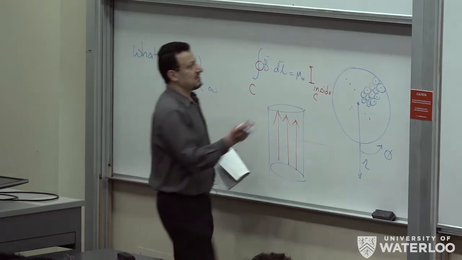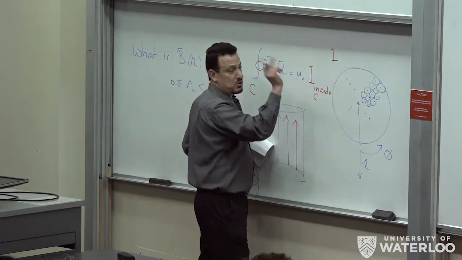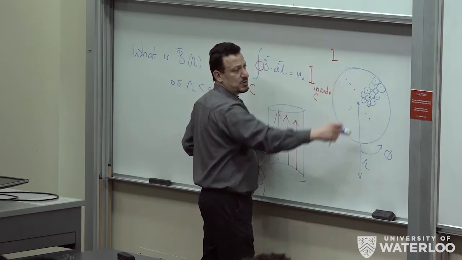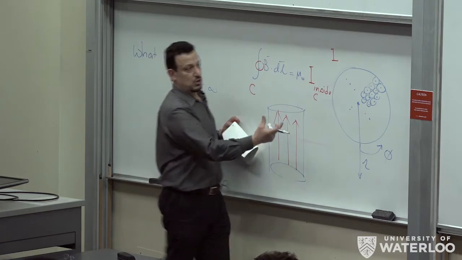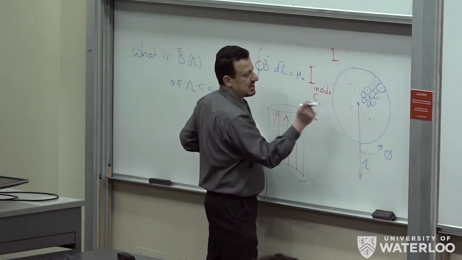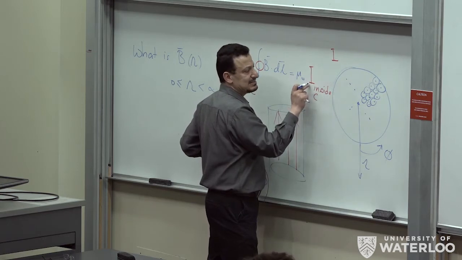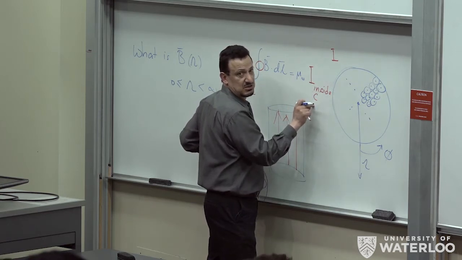So I'm going to differentiate between I going through the entire cylinder, going up like this, or going through it like this. Actually, in this case, it's coming out. And the I inside a specific contour.